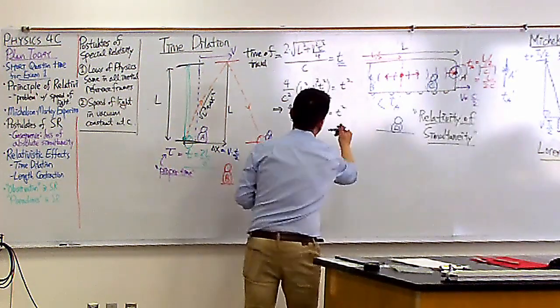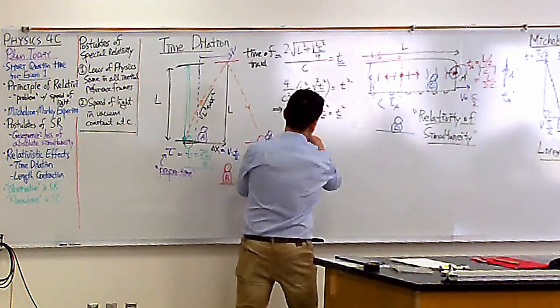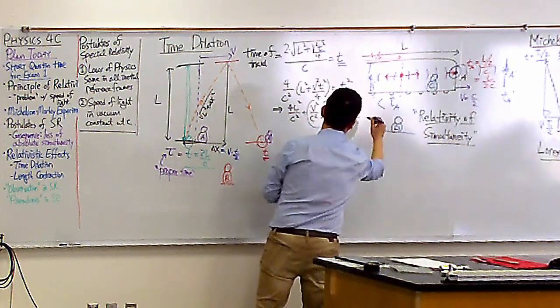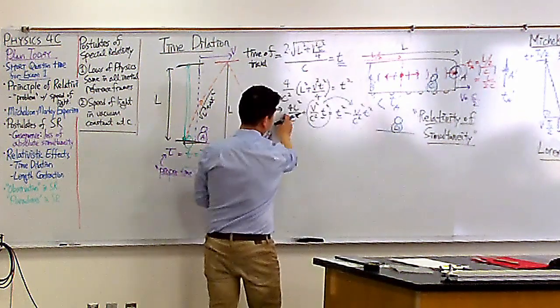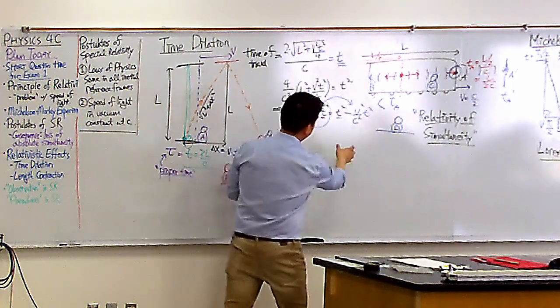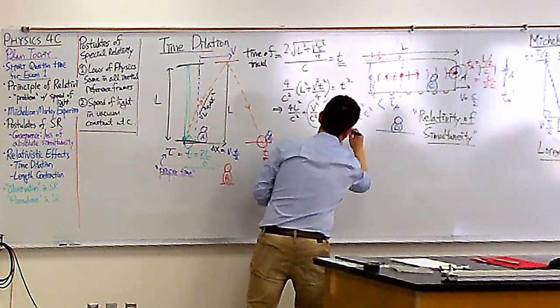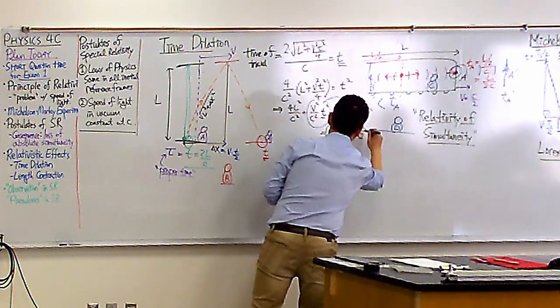Now I can collect the like terms on the same side. So moving this over here, I get minus v squared over c squared t squared. That's equal to this. Factor out t squared, I get 1 minus v squared over c squared times t squared.